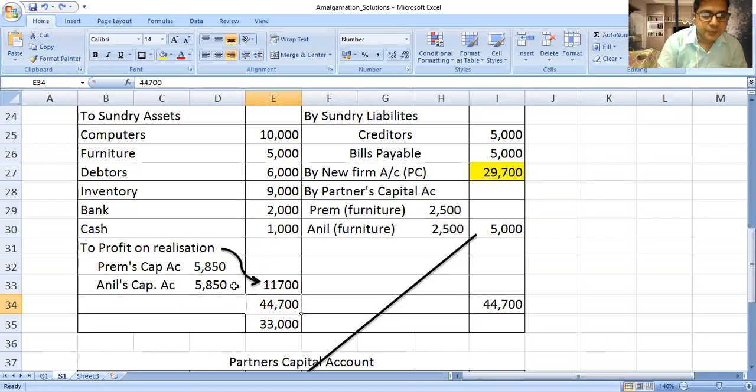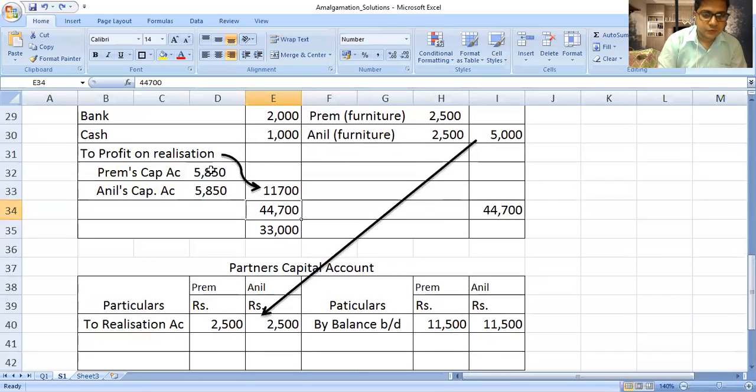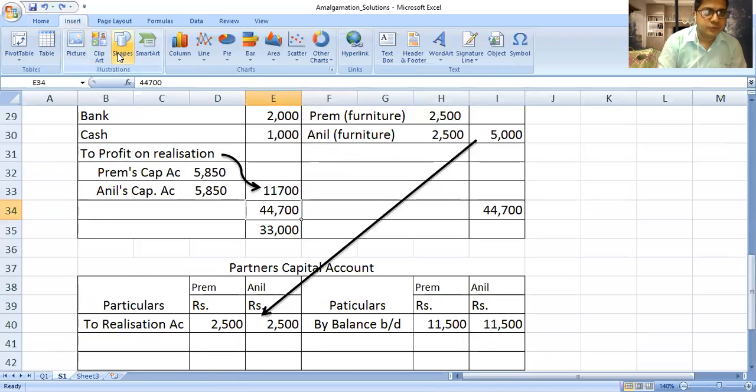And now this particular profit we will transfer to partner's capital account. So these amounts we have to show on the partner's capital account credit side.